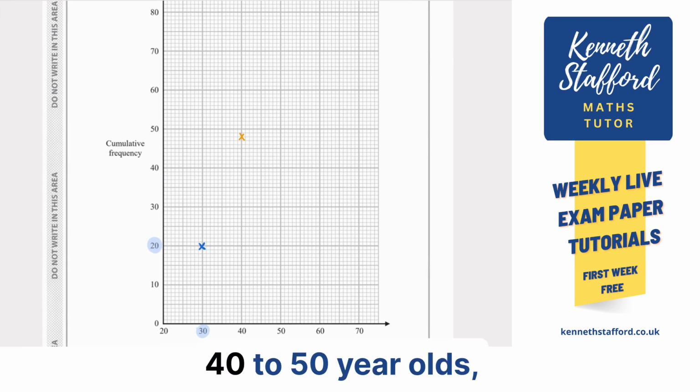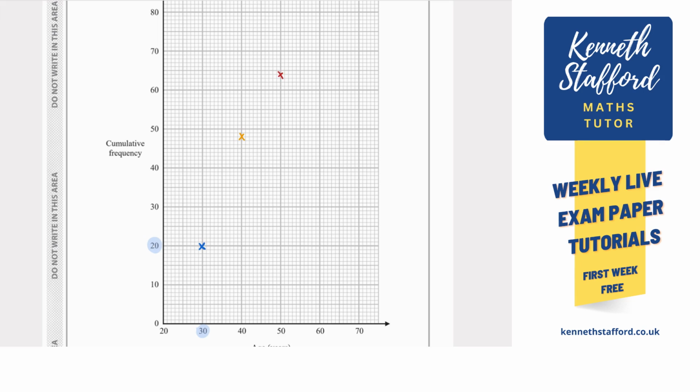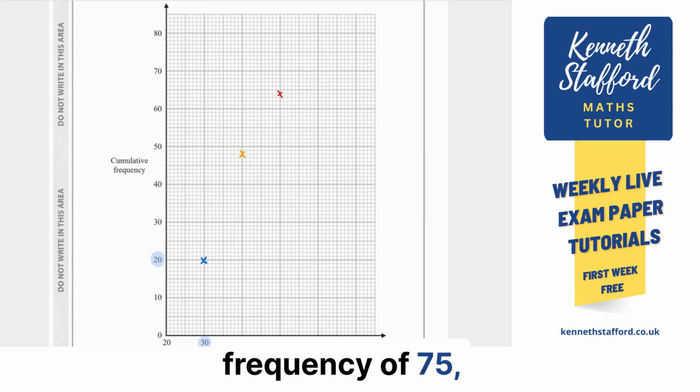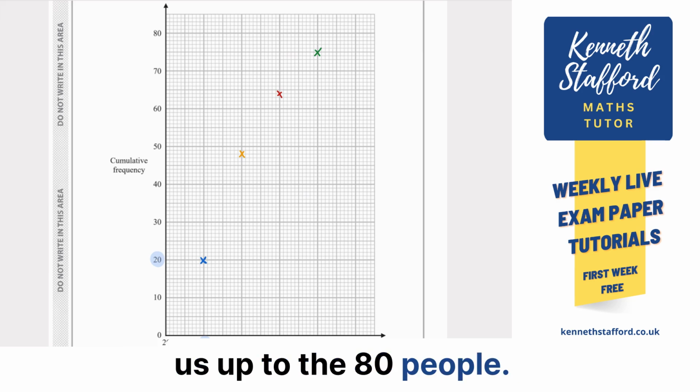And the group after that, 40 to 50-year-olds, has a cumulative frequency of 64. The next group had a cumulative frequency of 75. And then the final group took us up to the 80 people.